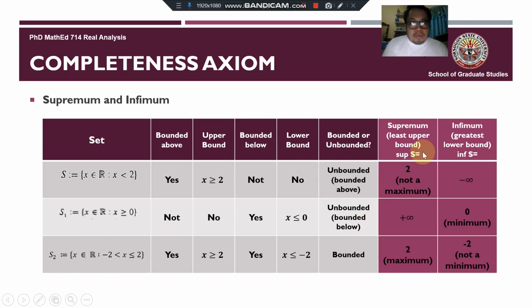That is how we identify the supremum and infimum of a particular set, considering the definitions and conditions that we encountered a while ago on the previous slides. Those are the conditions to be satisfied so that we can identify the supremum and the infimum.